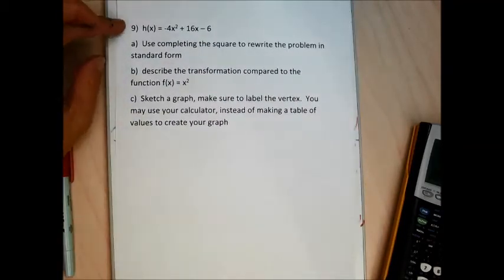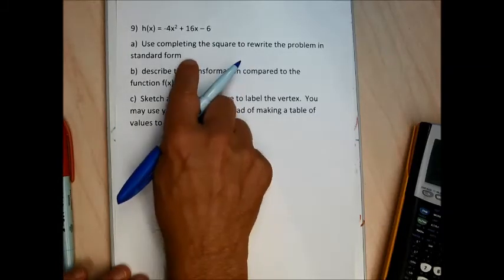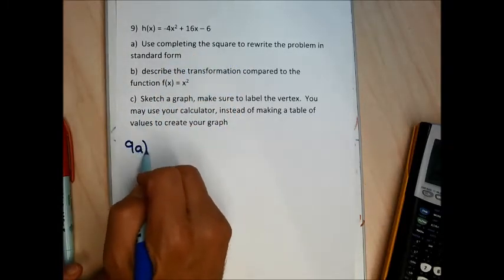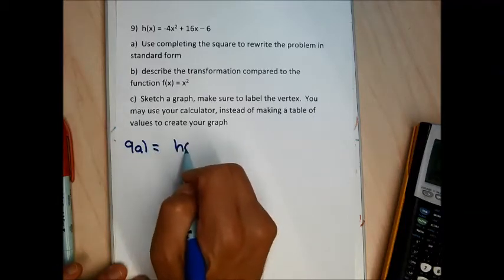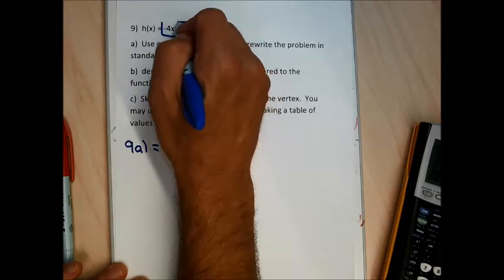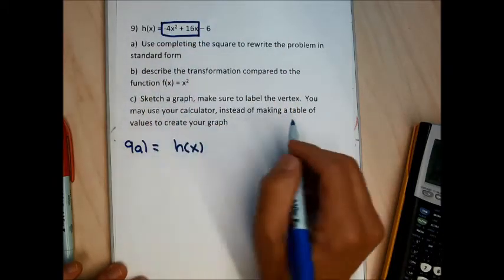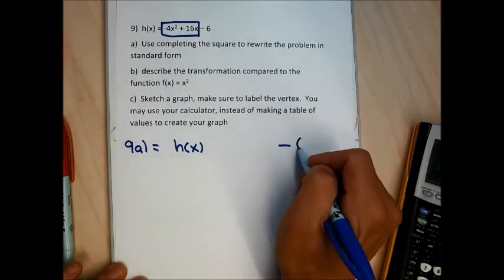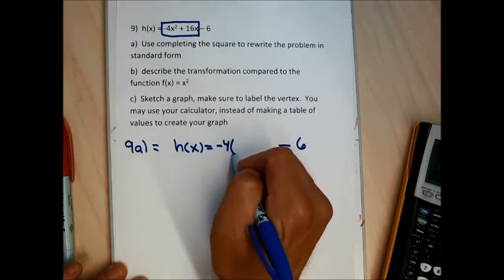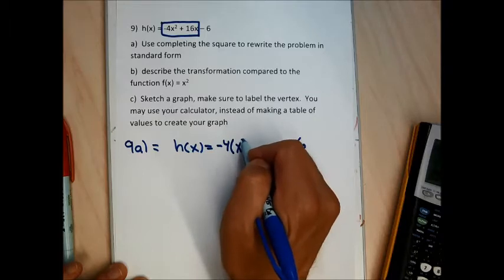Problem 9, when I go to do part A, I'm using completing the square to write it in standard form. So when I go to do 9a, I'm going to write this as h of x equals, and from these two terms, I'm going to factor out a negative 4. And I'm going to leave the minus 6 off to the side. And I'm going to write negative 4 parentheses x squared.